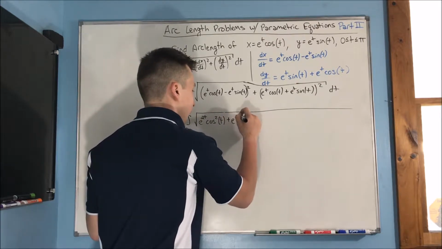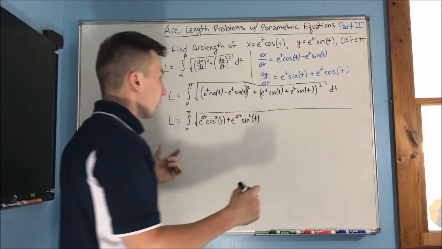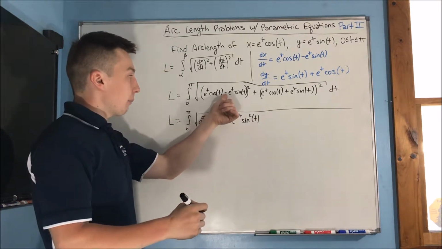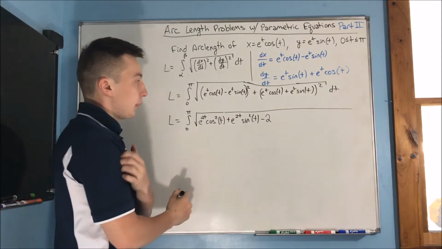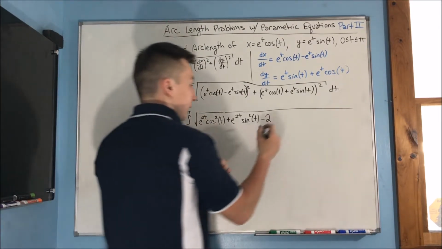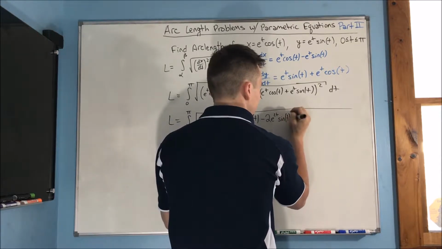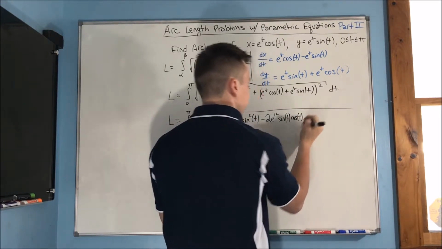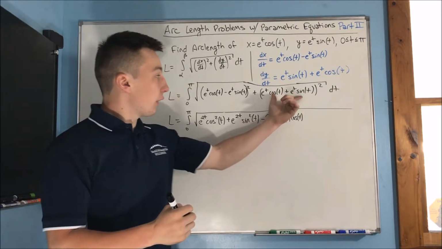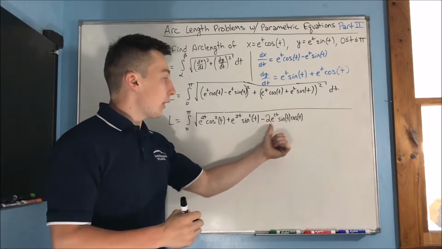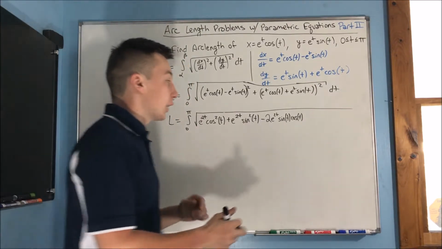We get e to the 2t sine squared t. And our middle term is just going to be minus 2, because there are 2 of them, e to the 2t sine of t cosine of t. You'll notice we're going to get the exact same thing for this one, except now it's a plus 2e to the 2t sine t cosine t. So we can write that out.